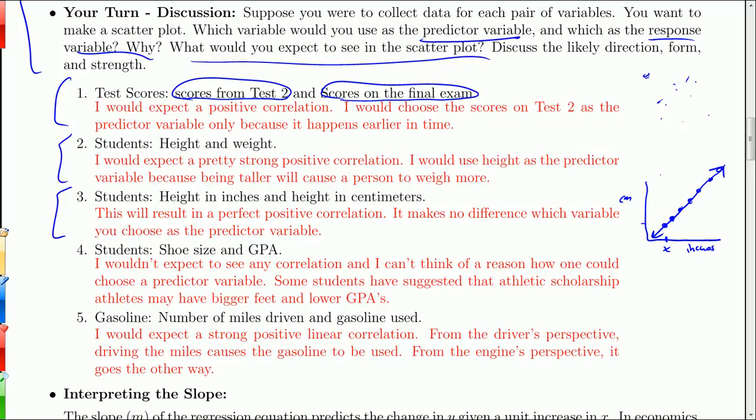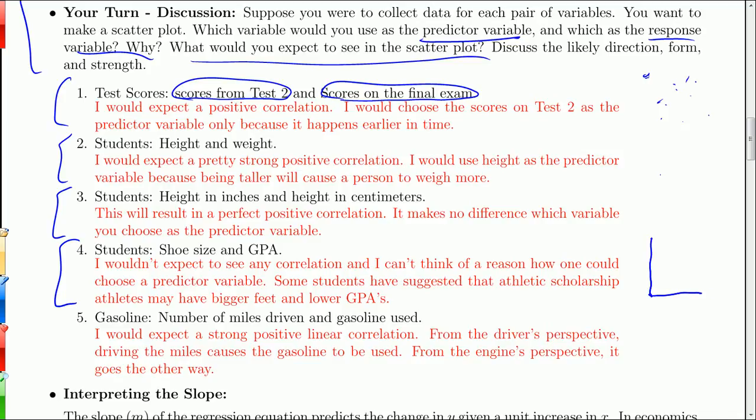It's actually the relationship between inches and centimeters, right? It would be the conversion rule between the two. Okay, shoe size and GPA. Which would be the causative we're expecting? Let's put it this way.